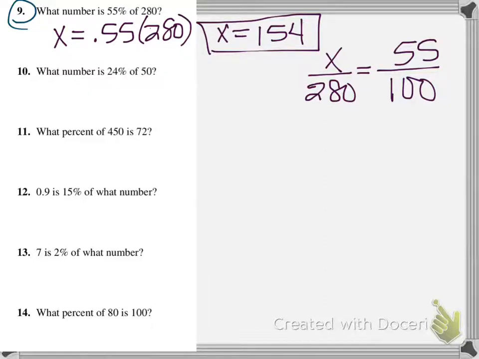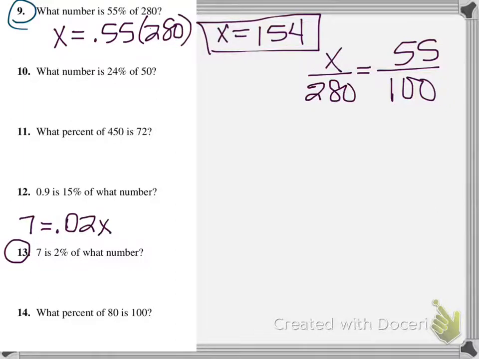Okay, now let's jump down and do number 13. 7 is 2% of what number? If we were to translate this, it would be 7 is, equals, 2%, so 0.02 of what number? We could just say times x. That's how it would translate.